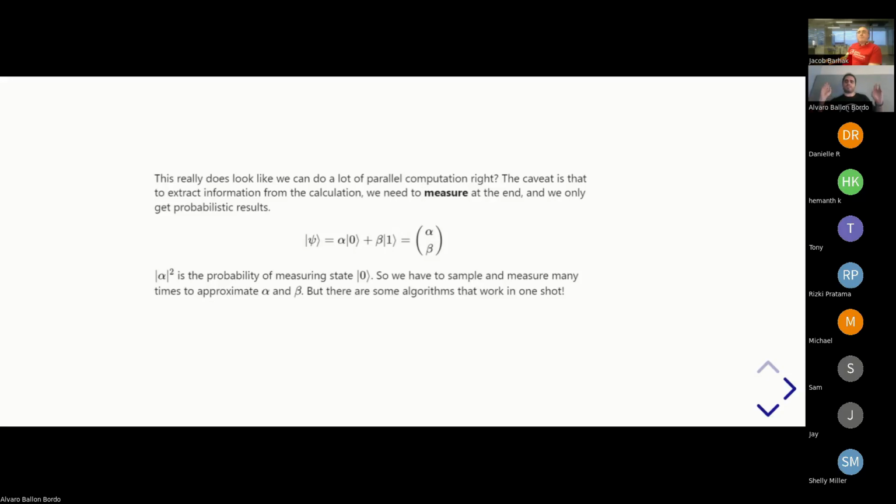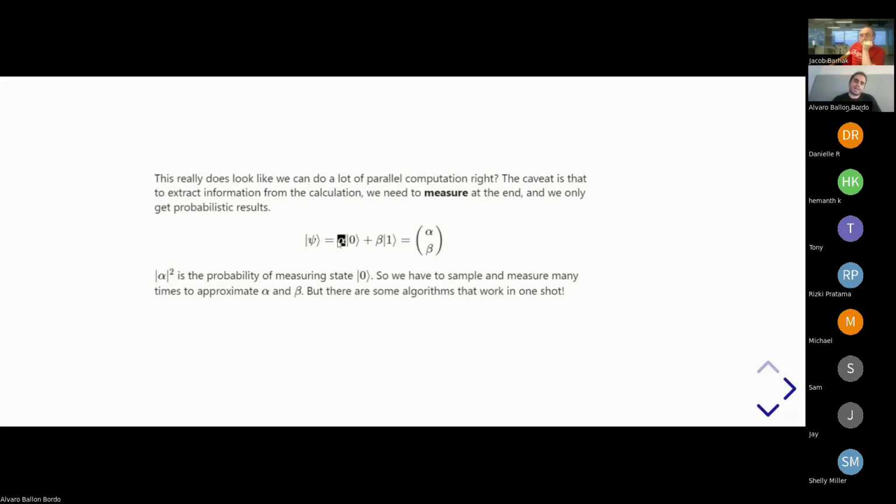At the end, we have to perform what is called a measurement. That is, we need to extract information from the qubit. And the qubit can only actually be in 0 or 1. It cannot be in anything else when we measure. When we measure, the qubit will basically say, oh, I'm a 0 or I'm a 1. We will not be able to see it in this superposition.